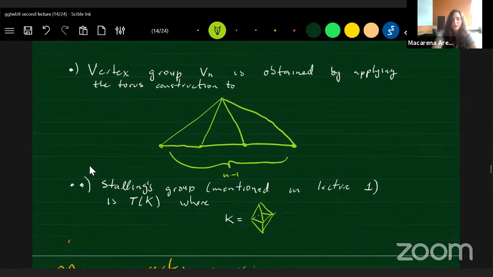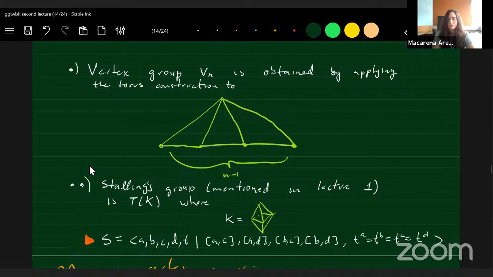So this is not the way Stallings' group is introduced. Its original presentation, or sort of the standard one, is this presentation here. And it's maybe not obvious how this presentation relates to this complex right here, but you can think about it if you want.